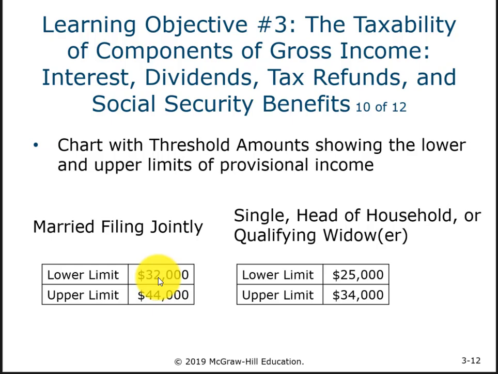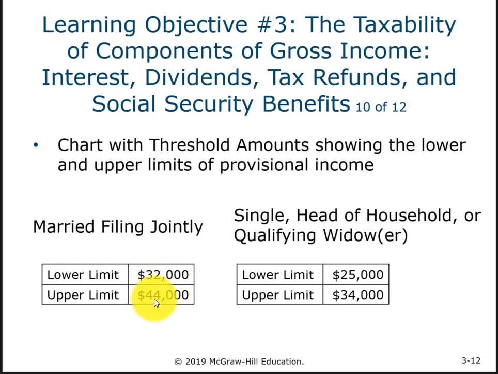It's the lower of 50% of your Social Security benefits, or 50% of the amount your provisional income is over the $32,000, whichever is lower.